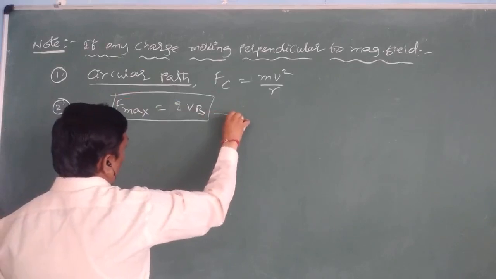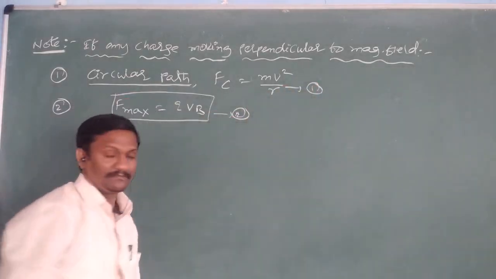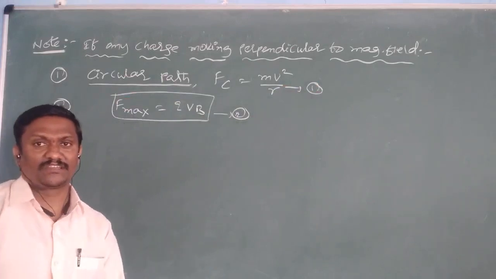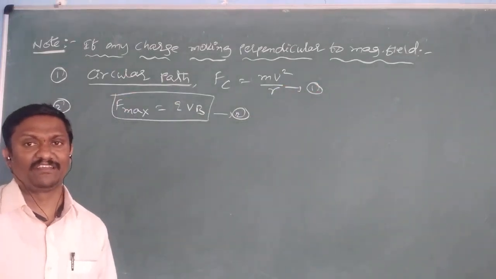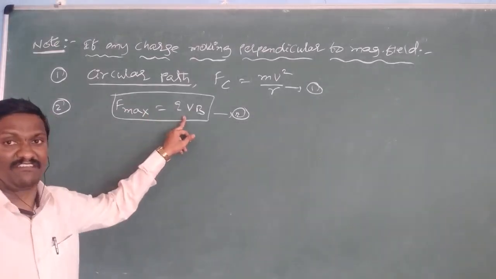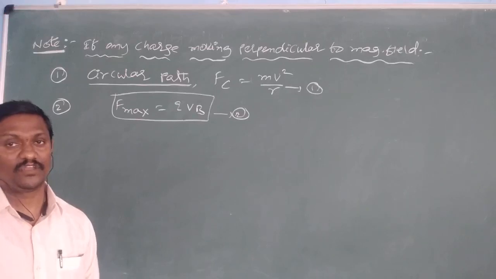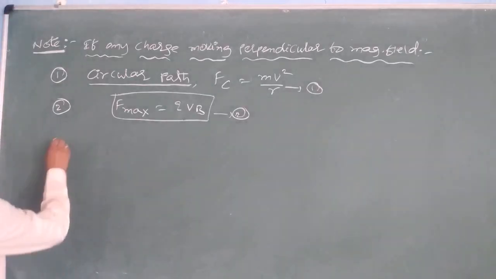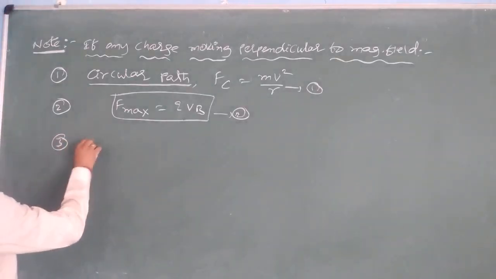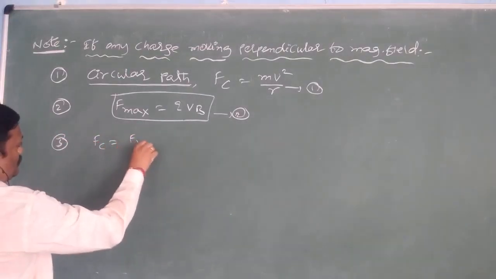So this is one force and this is one more force. Any charge moving perpendicular to the magnetic field experiences maximum force, and under its influence it follows a circular path. So equating both forces, the centripetal force is balanced by the maximum magnetic force.